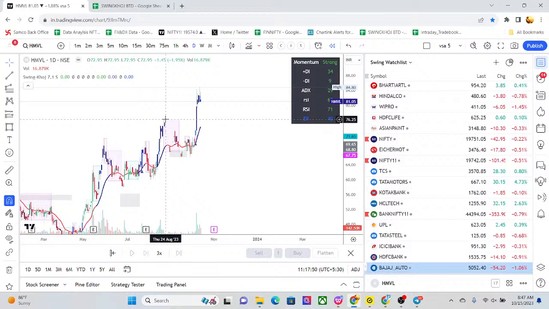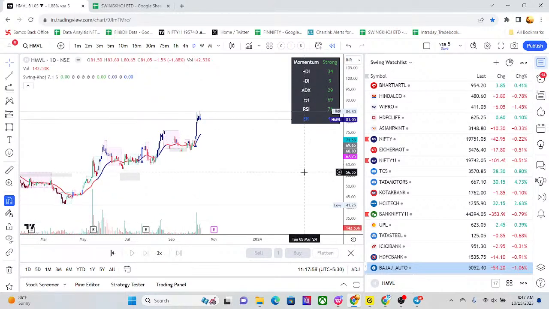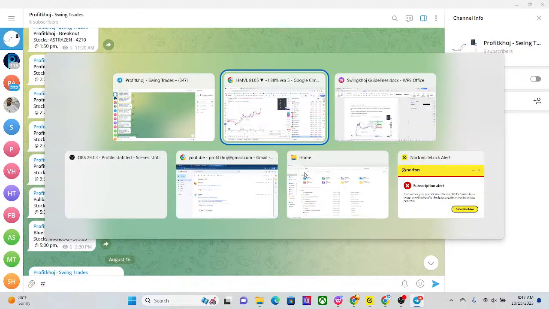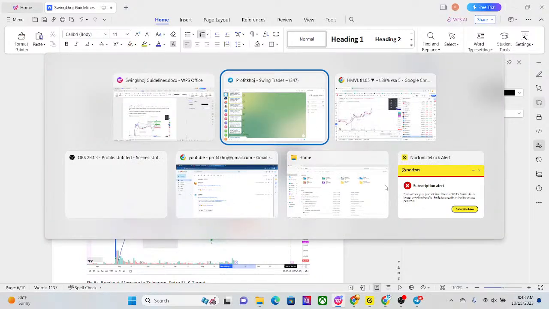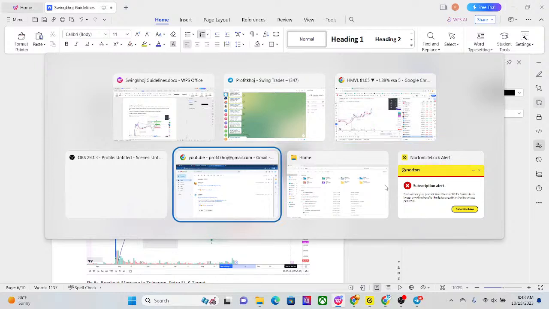So this is a scanner, it will give you real-time breakouts. If you are good at trading breakouts, then this is for you. We'll not discuss too much about the breakouts because we have not taken all the trades into consideration.